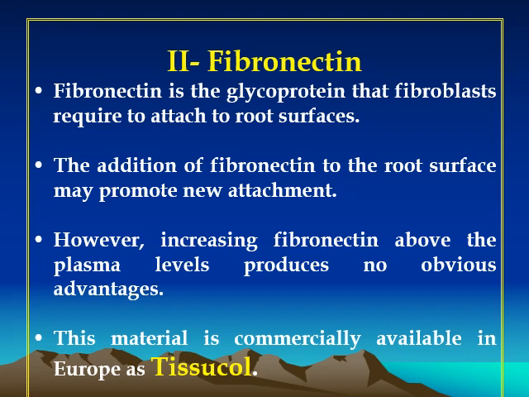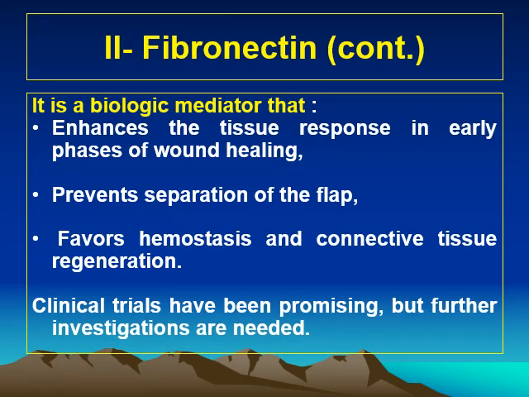This material is commercially available in Europe as Tissucol. Tissucol is a biologic mediator that enhances the tissue response in early phases of wound healing, prevents separation of the flap, and favors hemostasis and connective tissue regeneration. Clinical trials have been promising, but further investigations are needed.